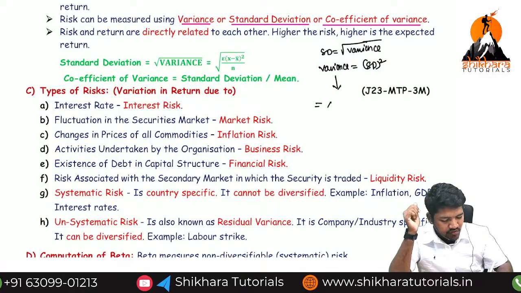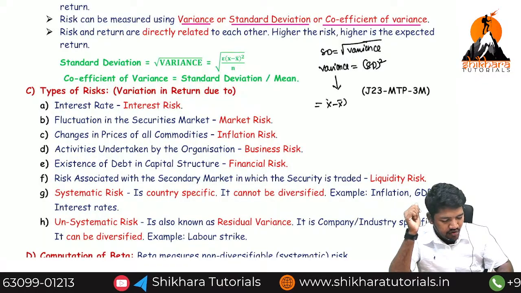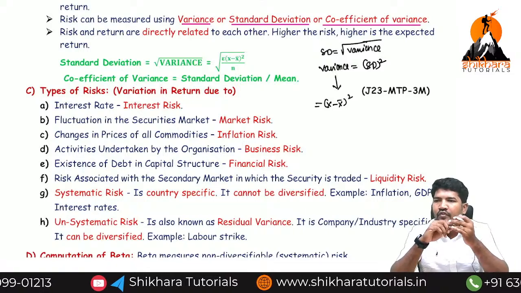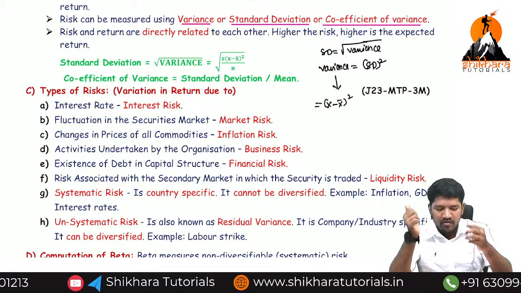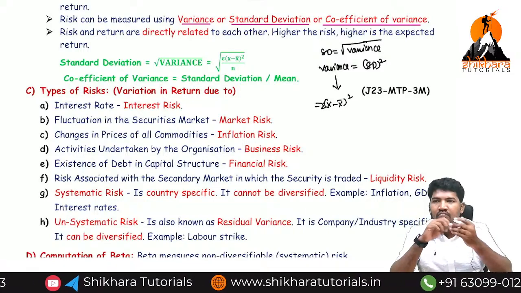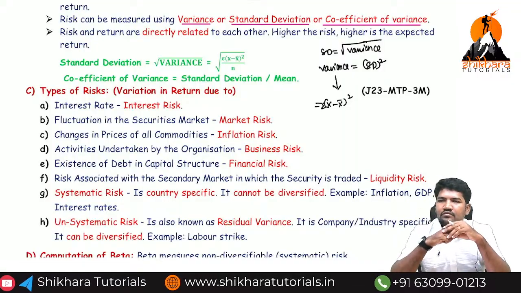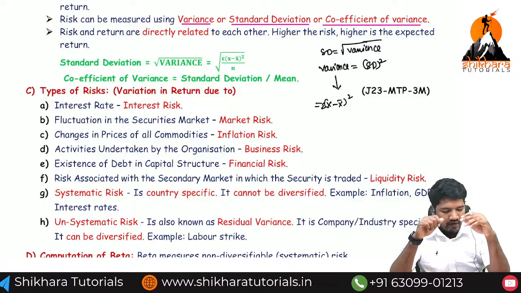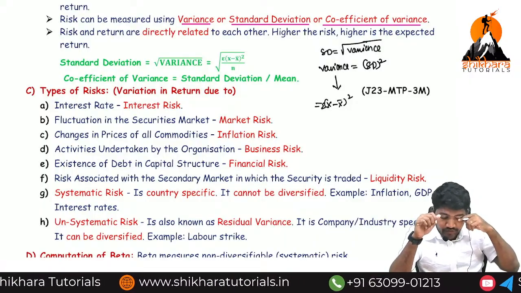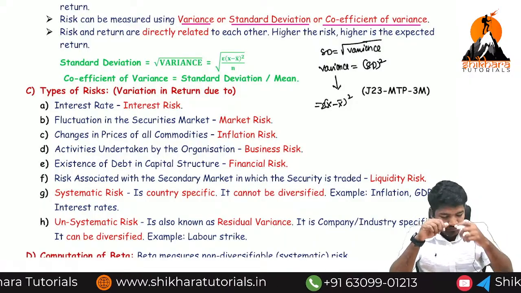Variance equals x minus x bar whole square. If you have more than one piece of information, go with the summation. If they give a probability, multiply with the probability. Are you clear? Okay.